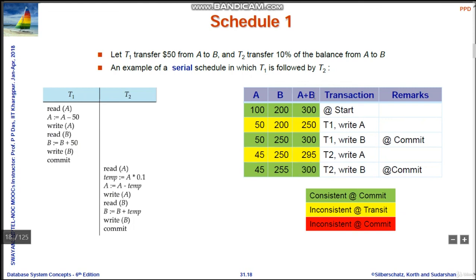Okay guys, so our system is preserved and consistent at all times. Yellow represents that the transaction is running, green represents that the transaction is consistent and committed, and red means inconsistent. In another schedule we will see how that is possible.